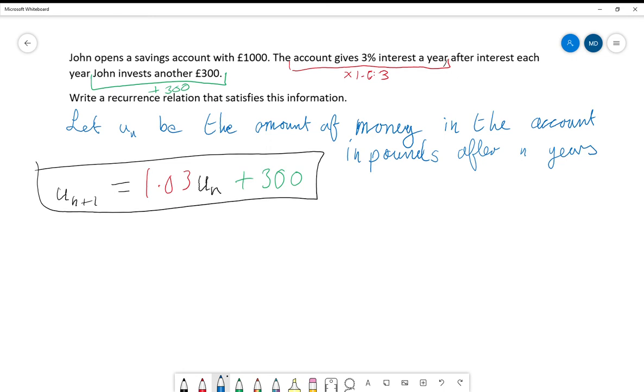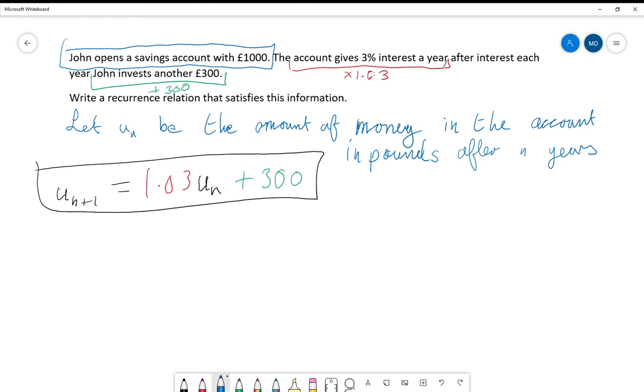And now we're done, apart from one specific piece of information, and if you were paying attention, you know what that is. We need to give a starting point. And what's our starting point? Well, that's the £1,000 here. Notice that that wasn't included. We didn't use the £1,000 anywhere here, because this was just about how one term connects to another. The £1,000 comes in as our starting point, and how many years have passed at that point?